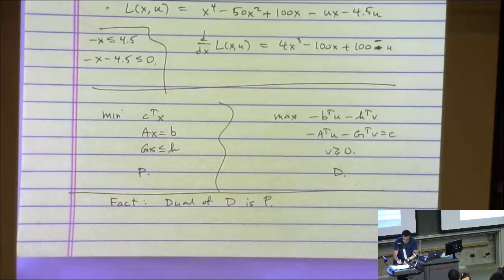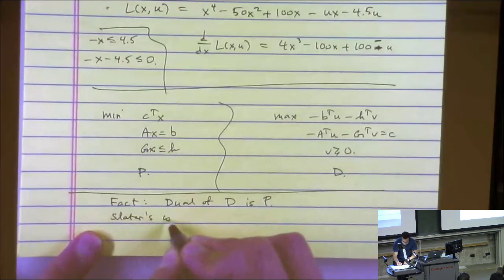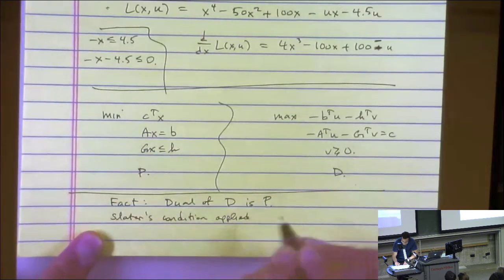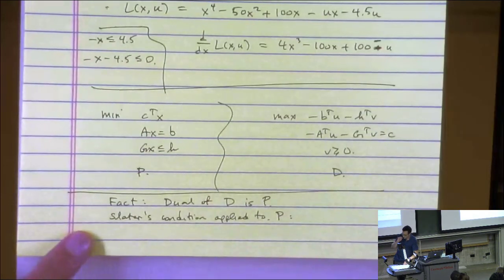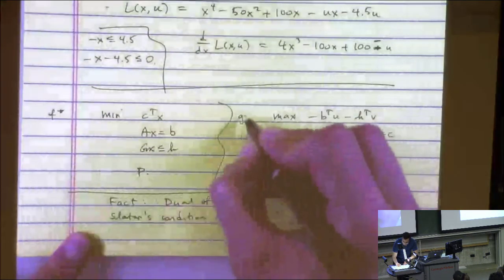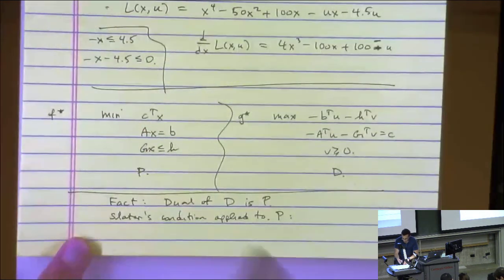That's an important fact. And now let's apply Slater's condition to the problem P. Let's call F star the optimum here, and let's call G star the optimum here. So Slater's condition says that if I look at all the non-affine constraints, if I have a point that's feasible that satisfies those strictly, then I get strong duality.